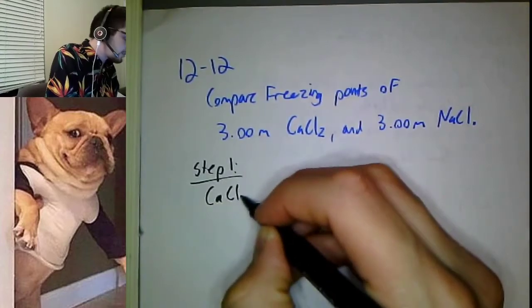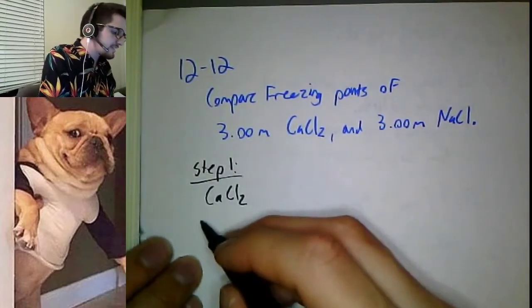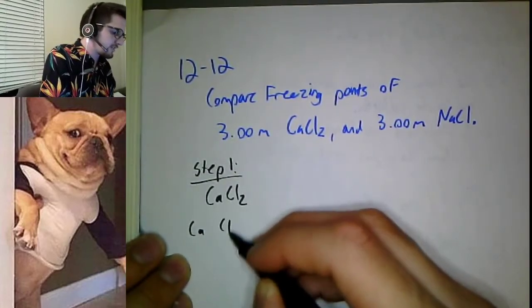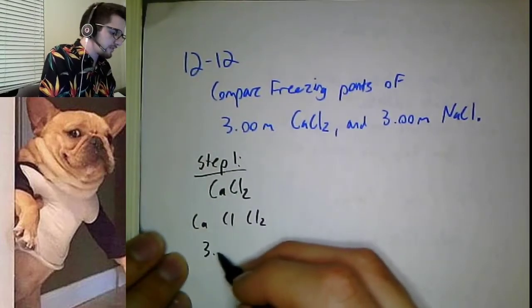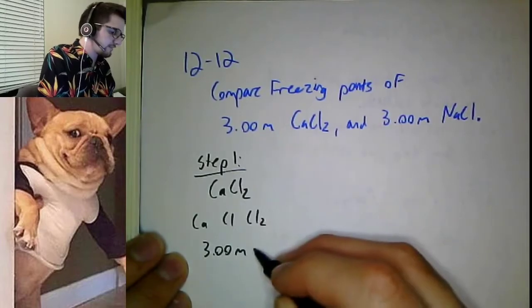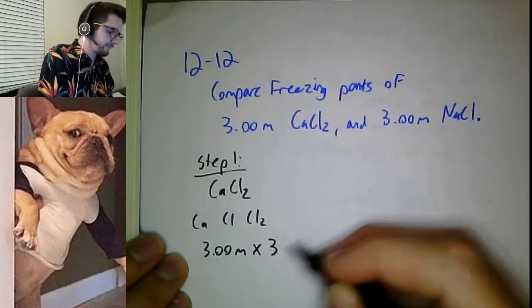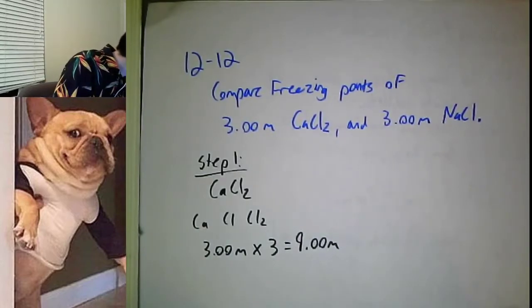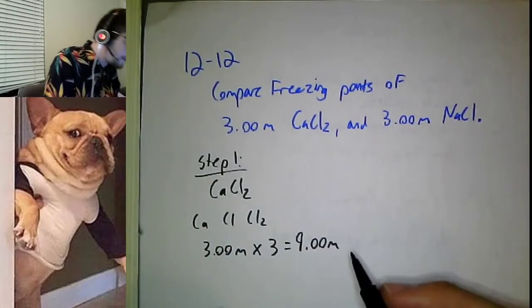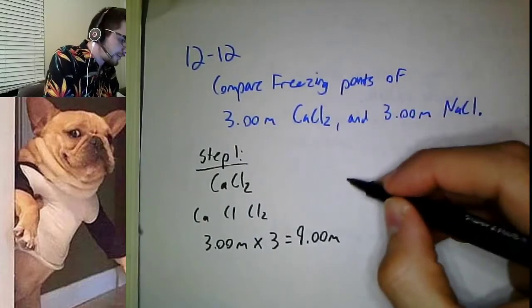So for calcium chloride, when this ends up breaking apart, how many pieces do you have? You have 3 pieces. So your 3.00 molal is going to be multiplied by 3. So you're going to end up with 9 molal. So now we have to do our little equation.